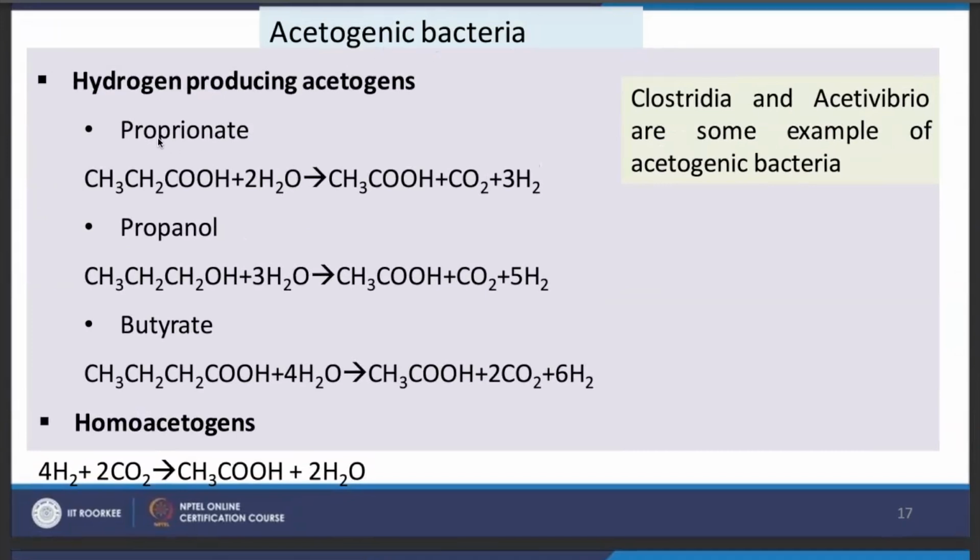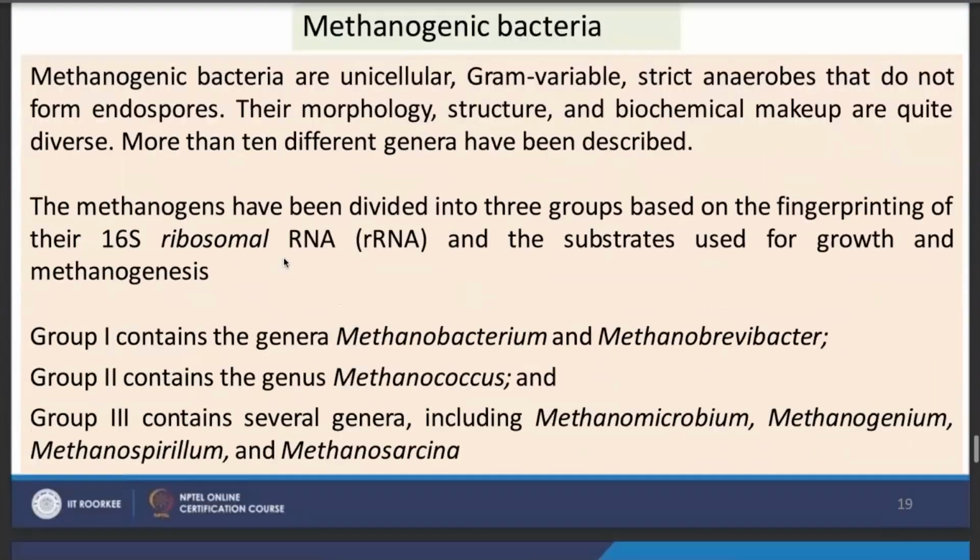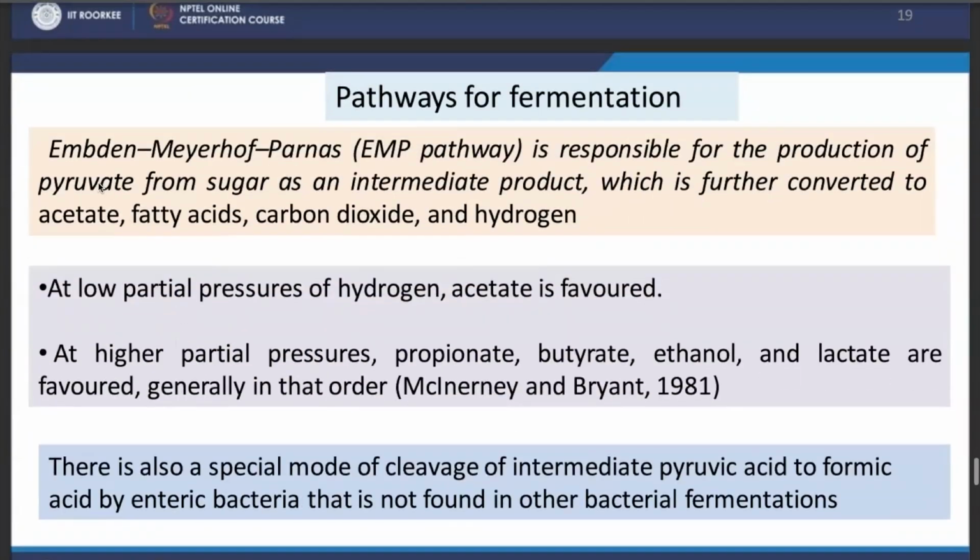So this propionate, where is it coming from? It is coming from the system when the partial pressure of hydrogen was higher, and the pyruvate was getting converted into propionate instead of acetate, right? I hope now you are able to connect the dots. So if we have propionate and butyrate, it is not that we are not able to produce any biogas because we don't have acetate.